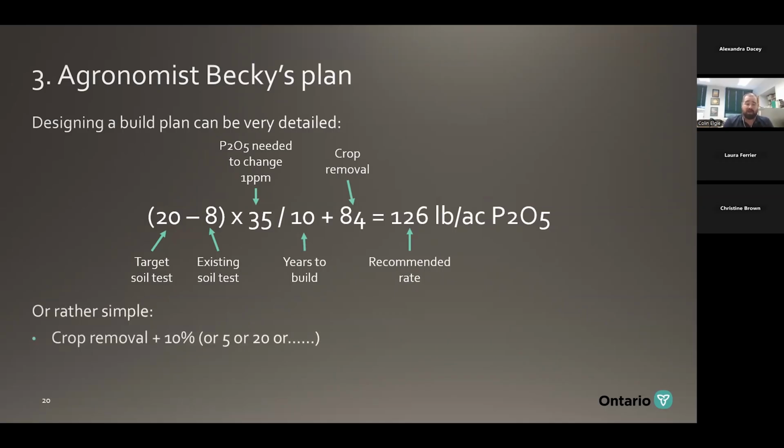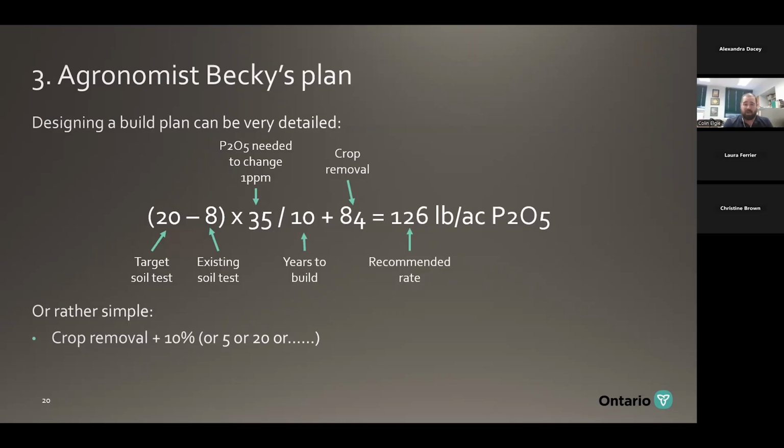A lot of the challenge I find with translating soil tests is that we may be trying to go too much towards figuring out an exact rate. So with Farmer Joe's target of 20 parts per million, and our existing soil test levels, should that be 126 pounds of phosphorus per acre? Should it be 130? Should it be 125?